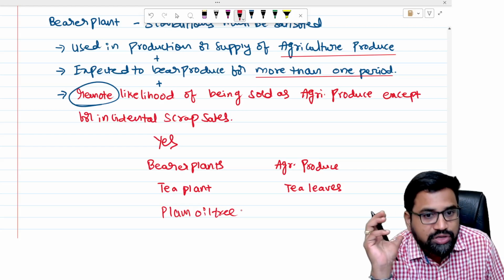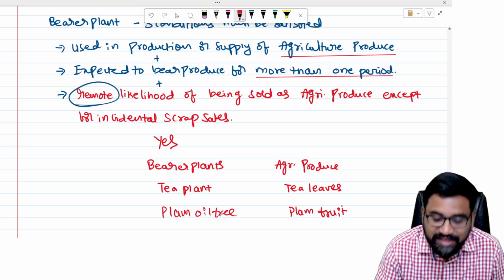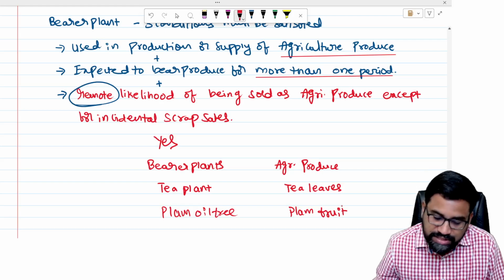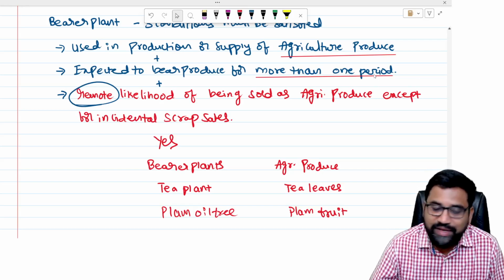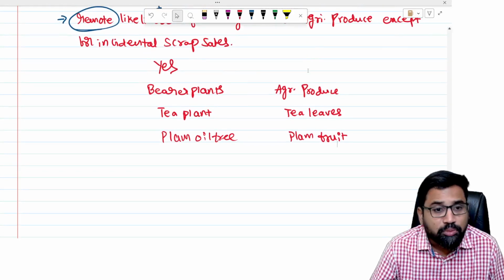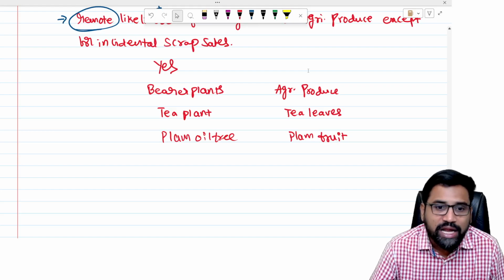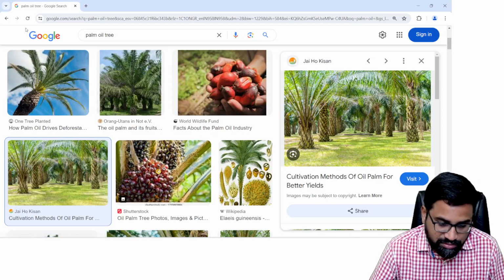Because it gives produce, agriculture produce. What will it give? It will give palm fruit. From that fruit, palm oil will generally be extracted. We use palm oil in cooking, sir, a very cheap source. So that palm fruit is given by this tree, and it is a bearer plant. It is expected to give produce for more than 12 months and there is a remote likelihood of it being sold as agriculture produce.